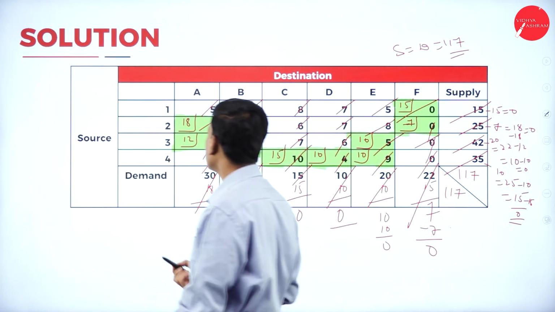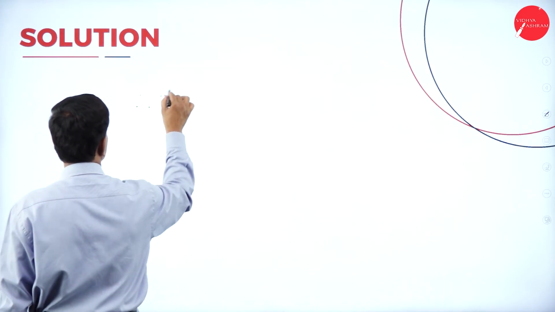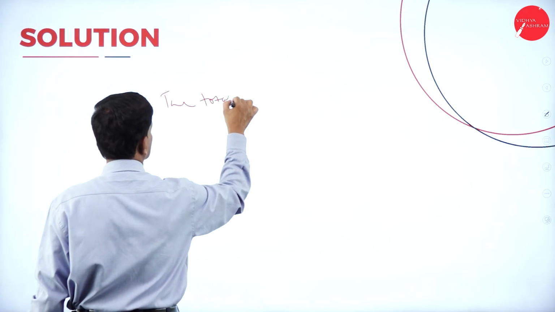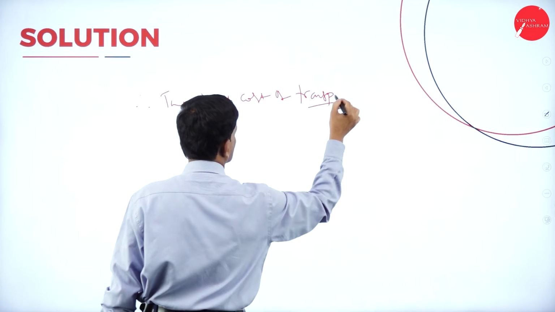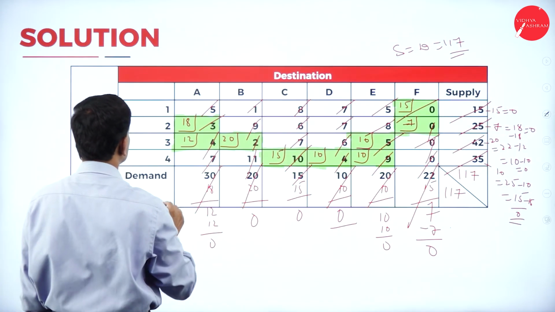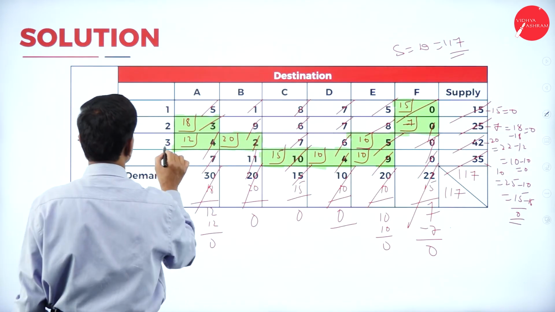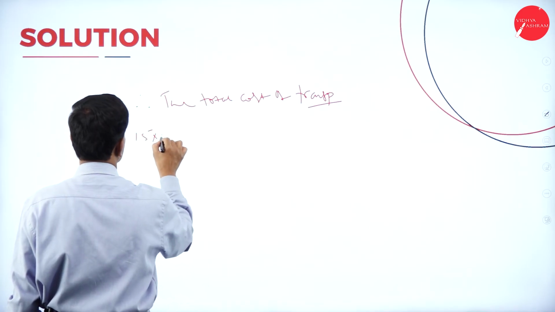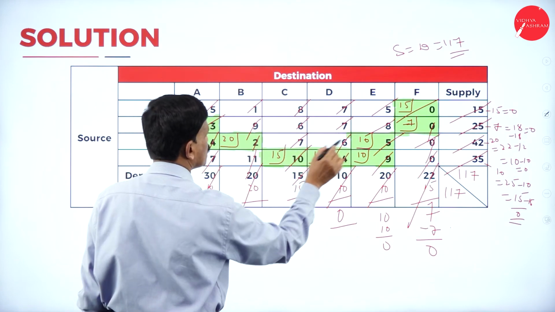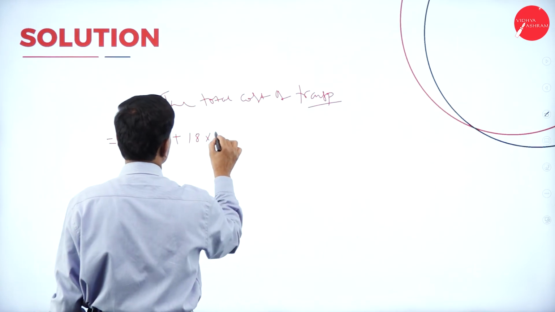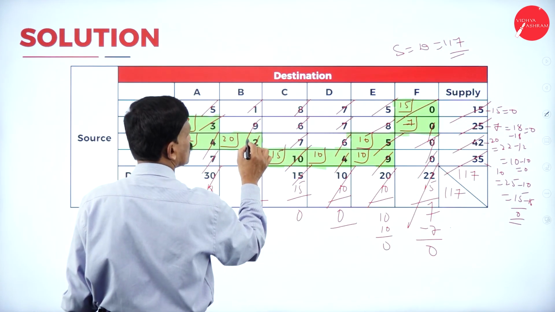Now, the total cost of the transportation is equal to, first, 15 into 0, plus 18 into 3, plus 7 into 0.